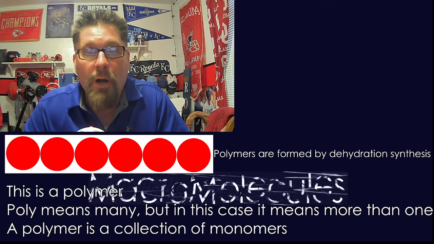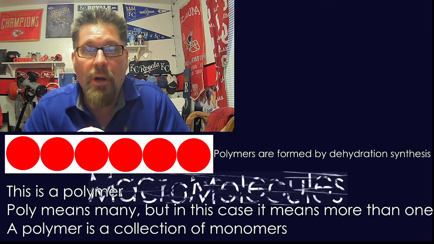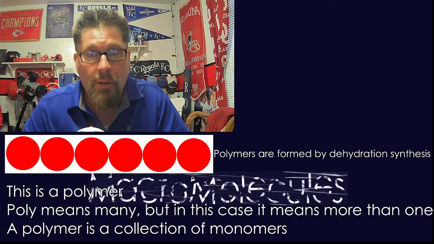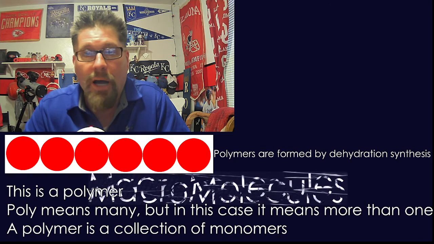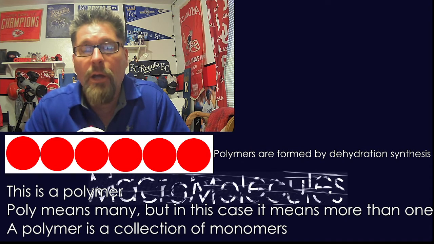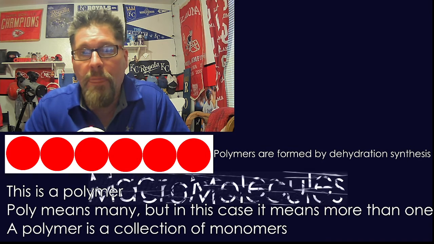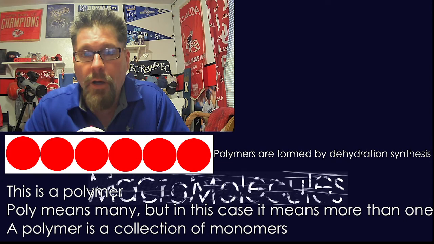A water molecule will leave. In other words, an OH on one monomer and a hydrogen on the other monomer will leave, forming a water molecule, and then they will bond together with the attaching element.